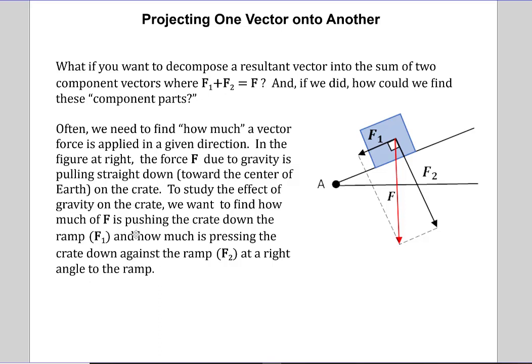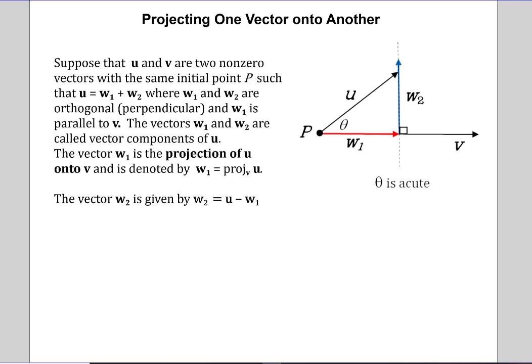And this is with the crate. So I'll let you read that story. But basically, it's similar to what we did in the last lesson. Let's say we have vector u and vector v, and they're two non-zero vectors, and they have the same initial point P. And if we wanted to find vector u, we could do that by adding component 1 and component 2, because they're orthogonal or perpendicular vectors. w1, notice, is parallel to vector v, and w1 and w2 are vector components of u.